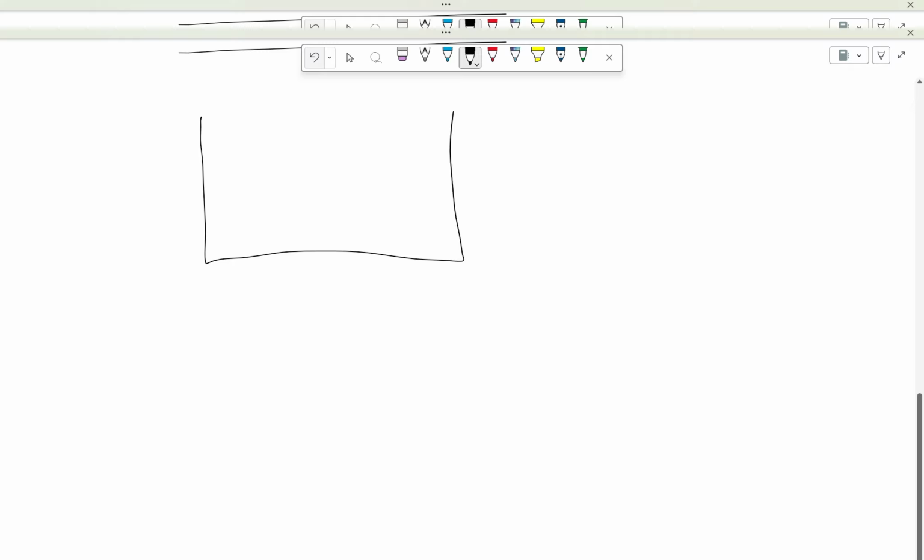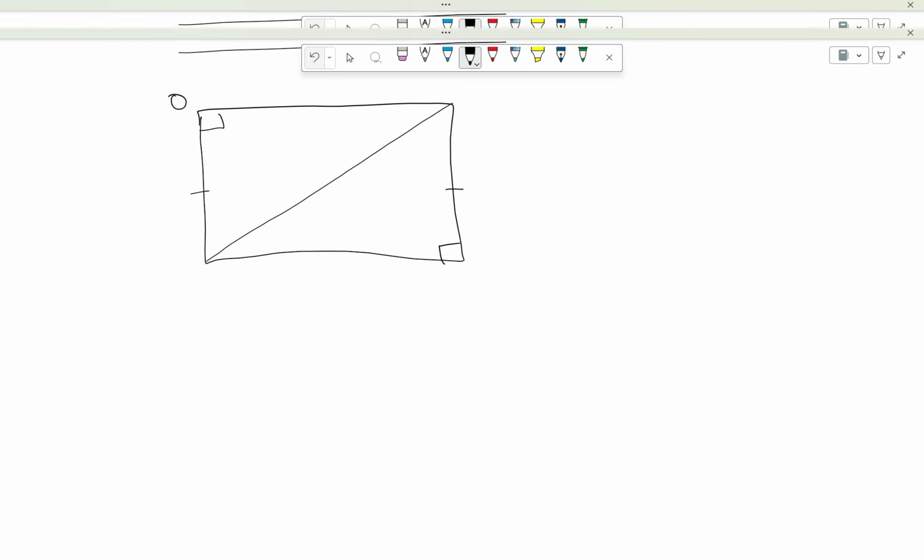Next, let's do our proof. Last one for today. We're going to draw a rectangle, and draw a diagonal across the rectangle, giving me some congruent sides.